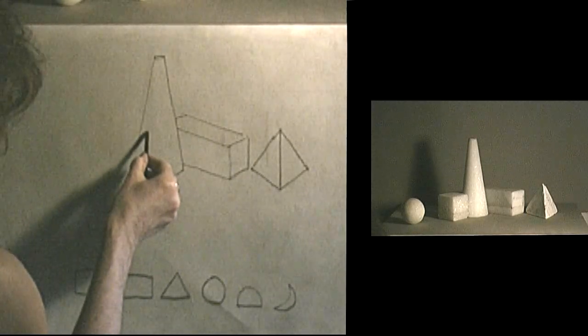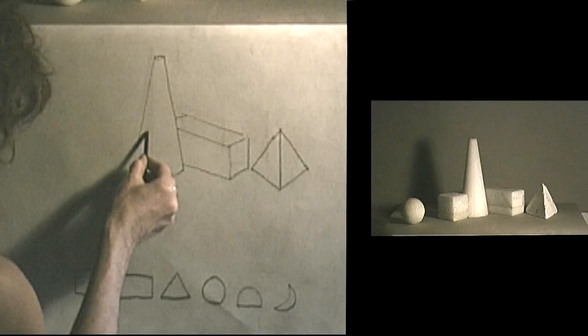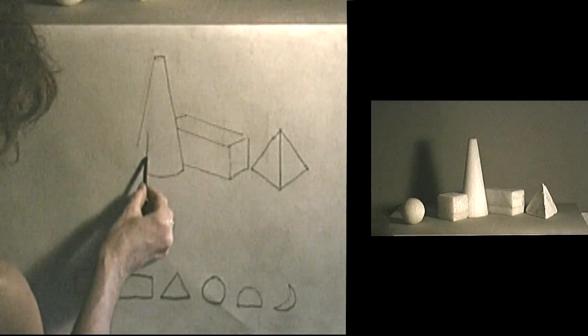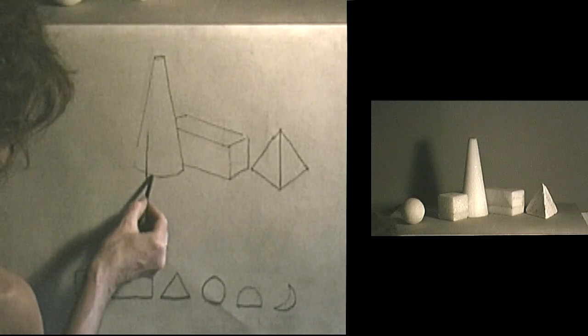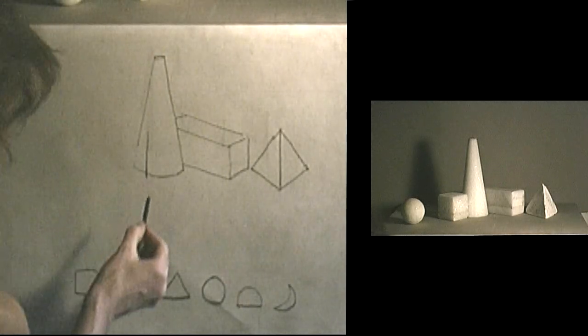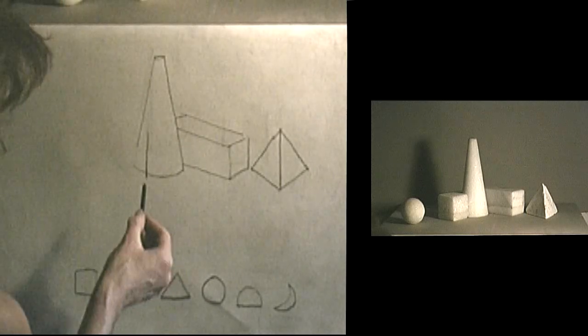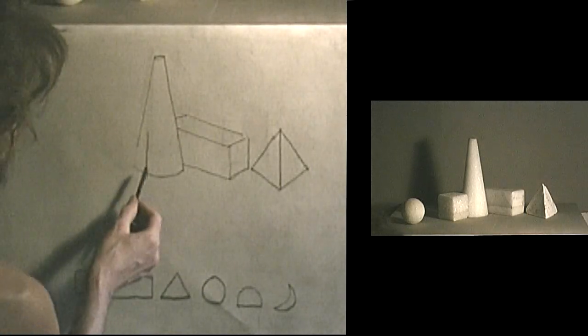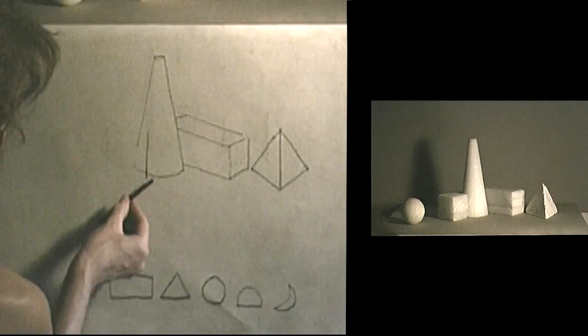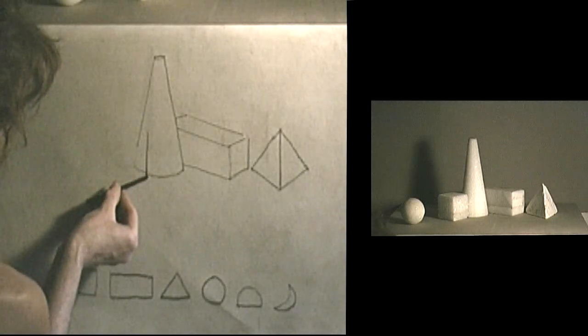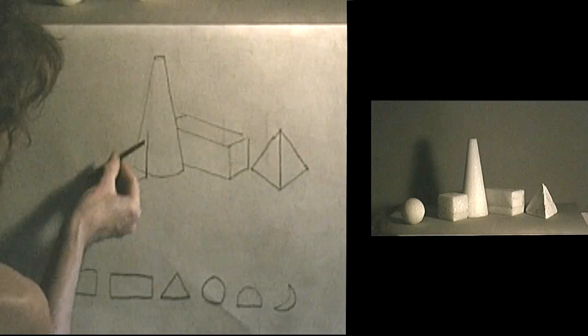The square, the cube, is in front of the cone. So I make this first line go in front. I make sure to pull it further than the bottom so that the viewer understands what is in front and what is in back. You have to spell it out a little bit. Now again, I notice that the square doesn't just come to the side, but the bottom has a bit of an angle. It goes this way.